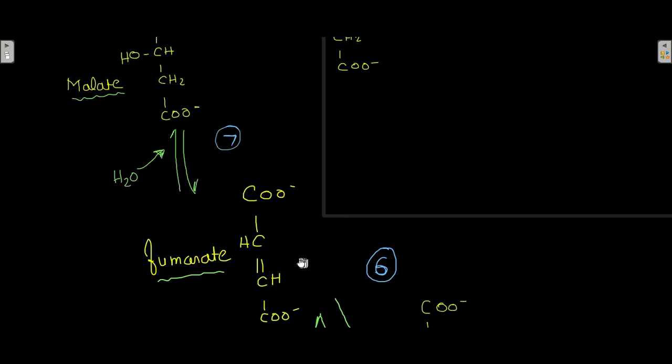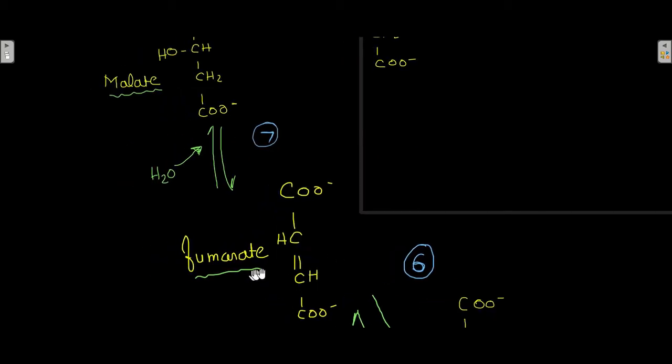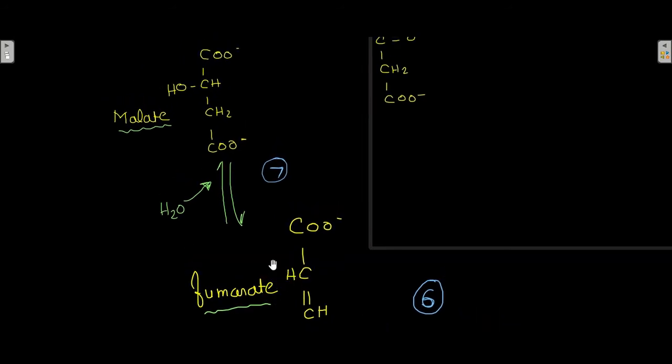After that, in the seventh step, this fumarate is converted into malate and one water molecule is incorporated in this conversion. That is what the seventh step of the Krebs cycle is all about: the fumarate is converted into malate.